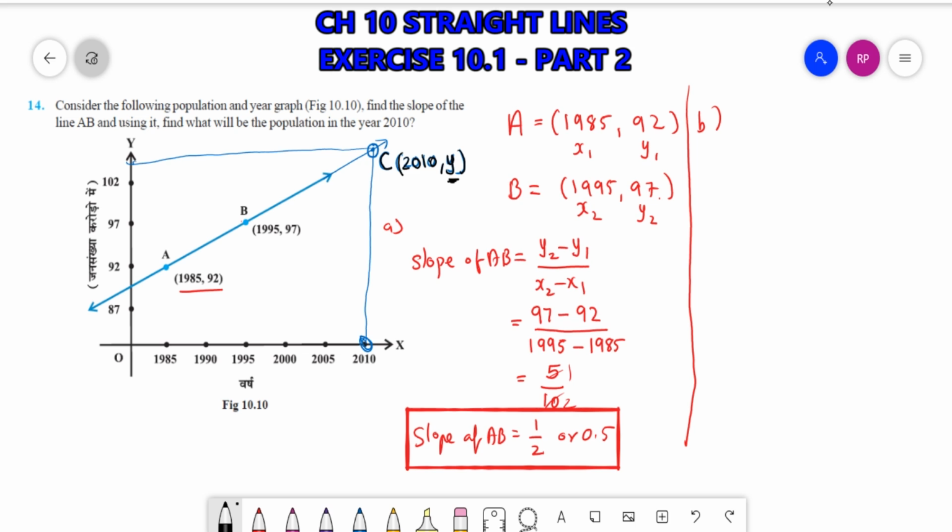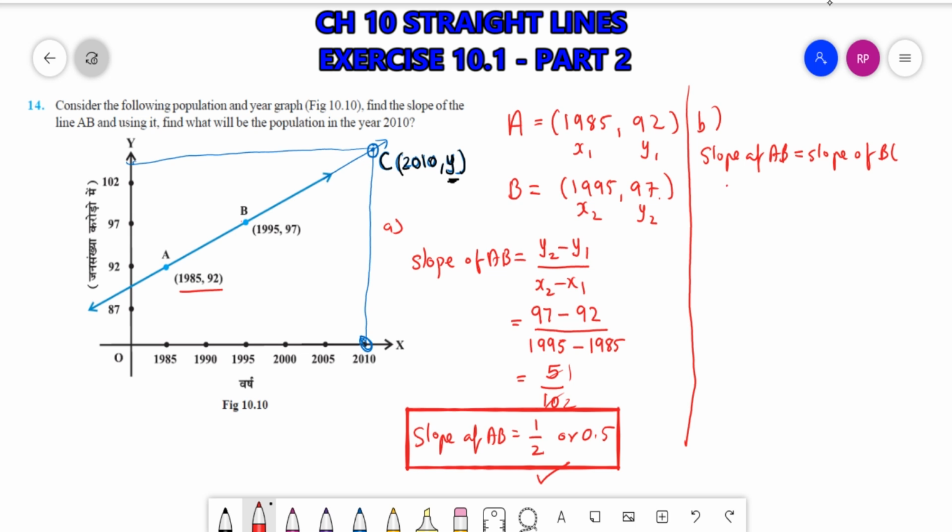Now you can see that A, B, and C all are collinear. All the 3 points lie on the same line. So I can write it down that slope of AB will be equal to slope of BC. Now see, slope of AB we had already found out, that is 1 by 2.